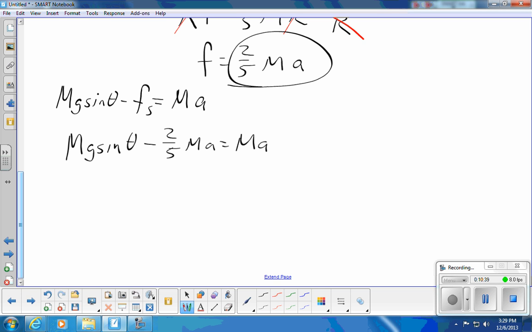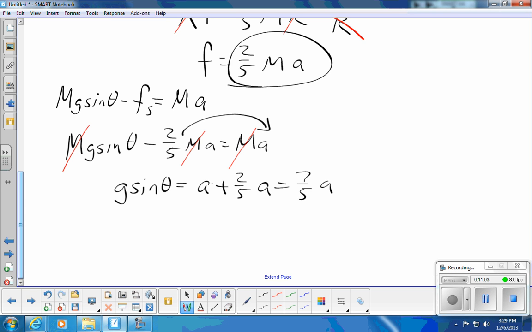Oh, what do we got? m gone, m gone, m gone. And I end up with g sine theta. I'm going to bring the 2/5 a over to the other side, is equal to a plus 2/5 a, or 7/5 a. So g sine theta is equal to 7/5 a, so a is equal to 5/7 g sine theta. I am happy.